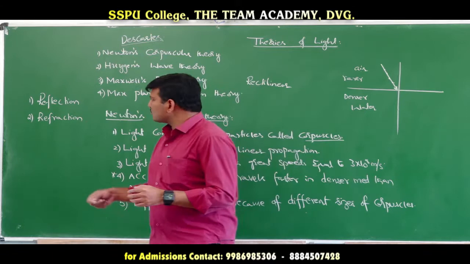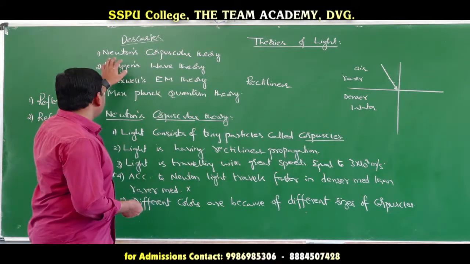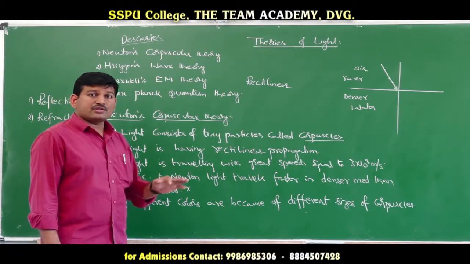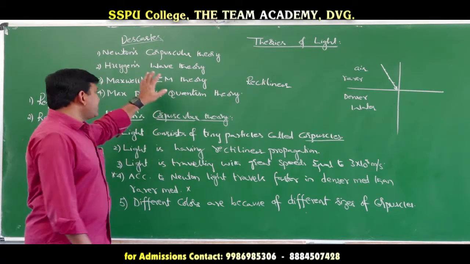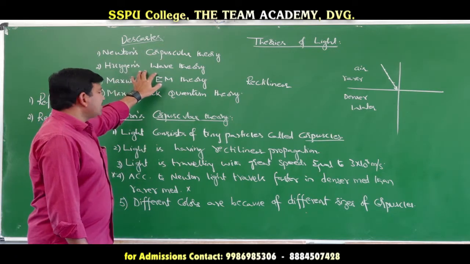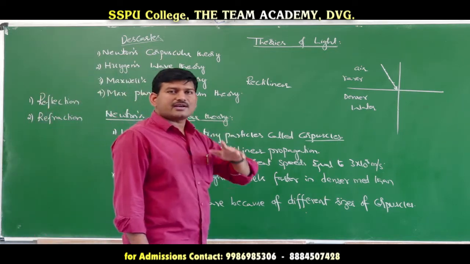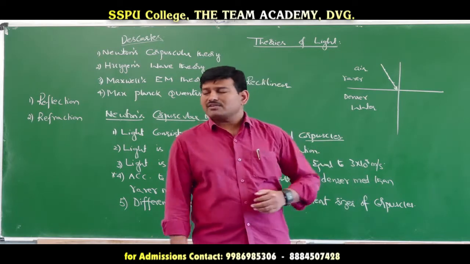Though the two theories were proposed about 10 years apart, the Huygens wave theory was not accepted. Even though it is a successful theory compared with Newton's corpuscular theory, it was discarded for about 100 years because of the superiority of Newton in those days, and his success stories compared with the other scientists.